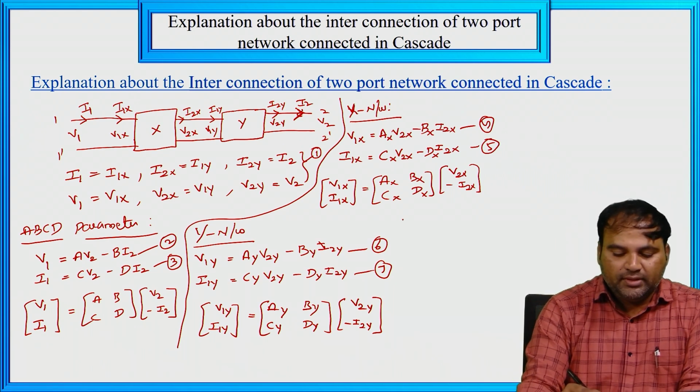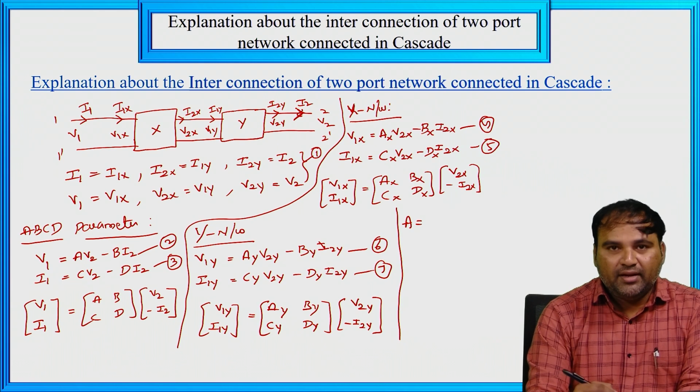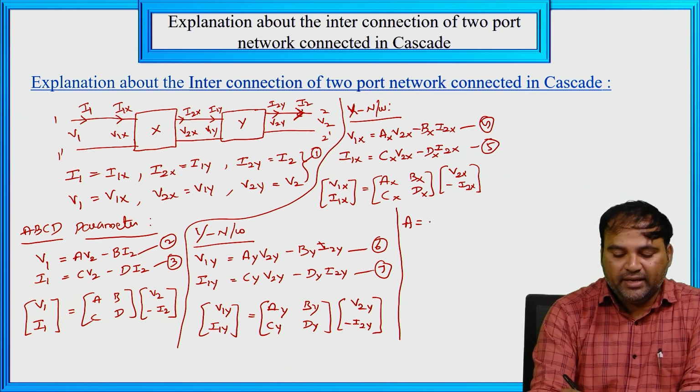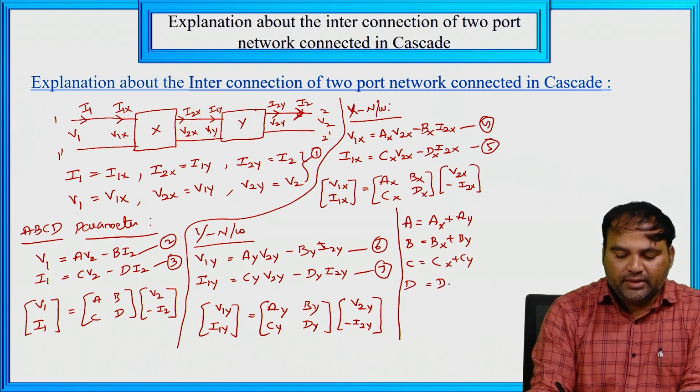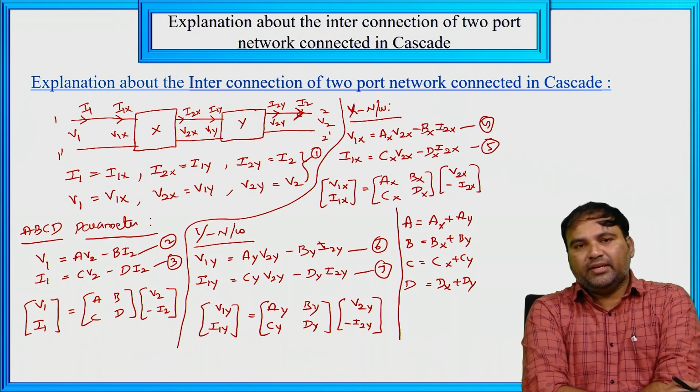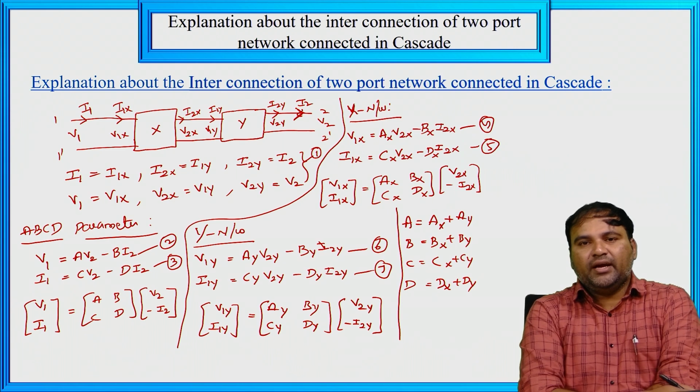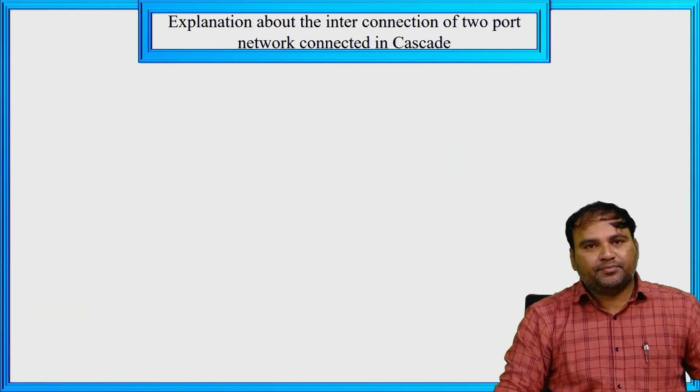Now in these equations, after calculating the matrix we will get A equal to AX plus AY, B equal to BX plus BY, C equal to CX plus CY, and D equal to DX plus DY. So like this we will get the A value, B value, C value and D value in matrix form. But we have to calculate the main ABCD parameters.